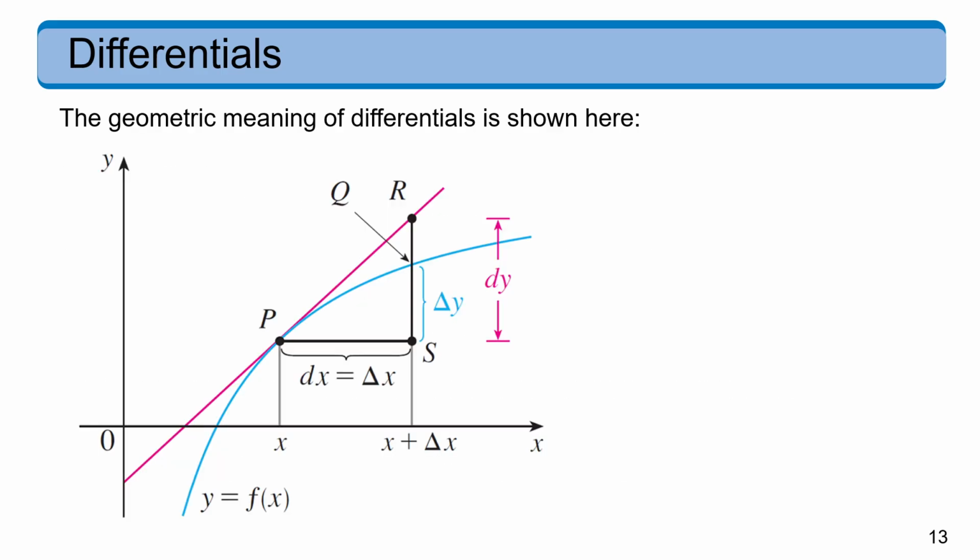Here I'm going to use a graph to explain the concept of differentials. So we use two notations, delta and d. When we say delta x, you've seen this before, it just means change in x. And when you see delta y, it means change in y.